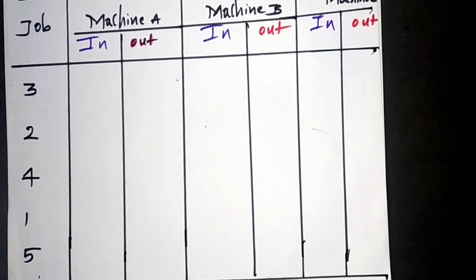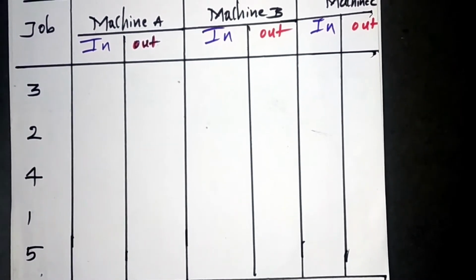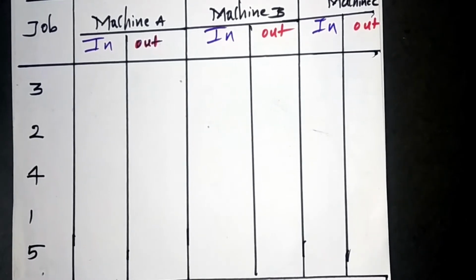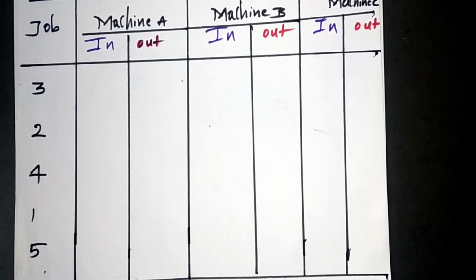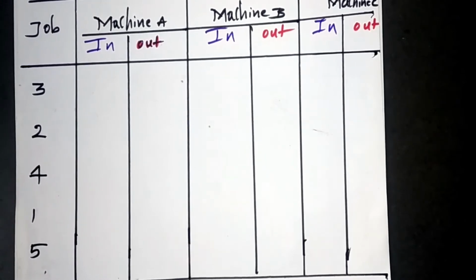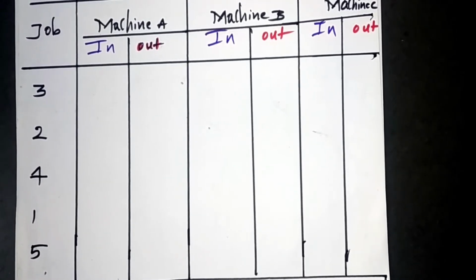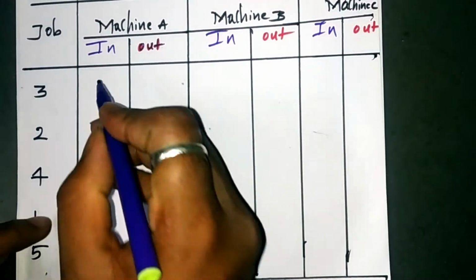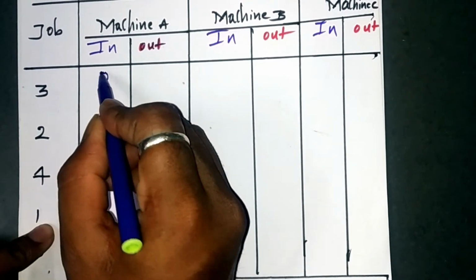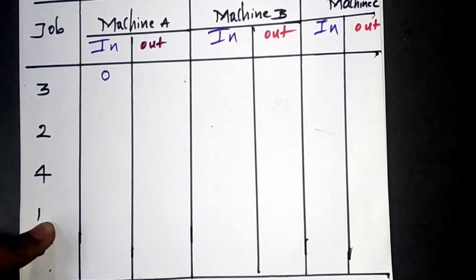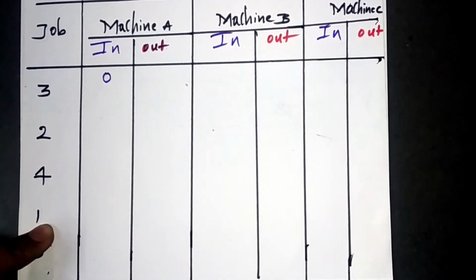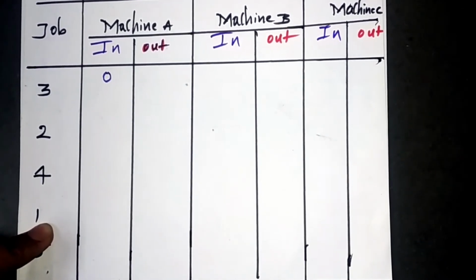Now here you're going to find the elapsed time. For that you need to write down the in time and out time of each job on each machine. The first job entering machine A has an in time of 0. So job number 3 on machine A enters at 0, and we see how much time is required. For that I'll go back to our problem.